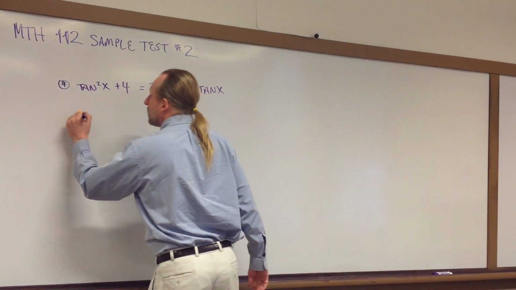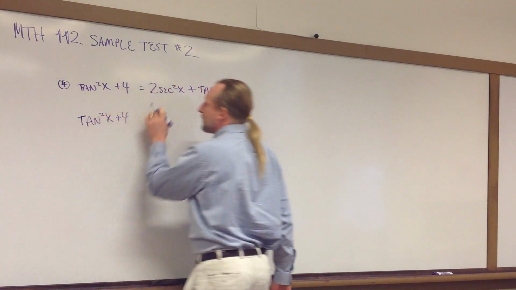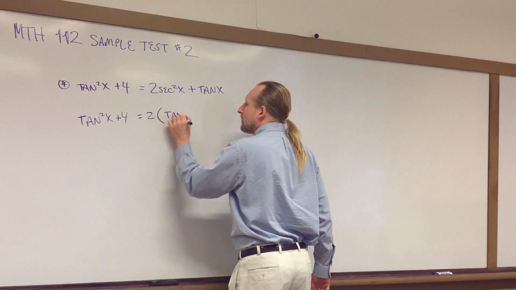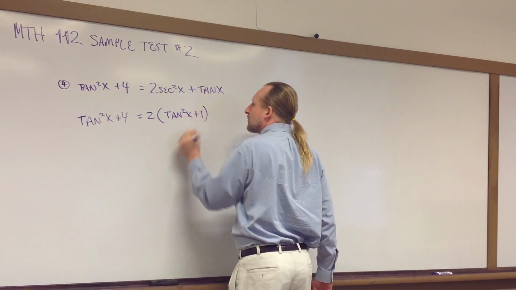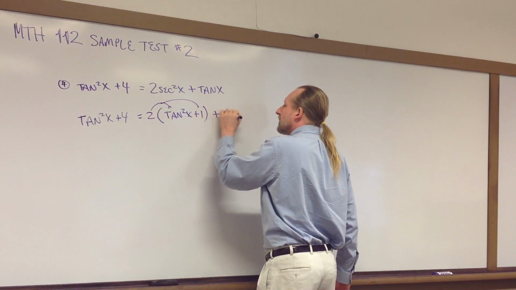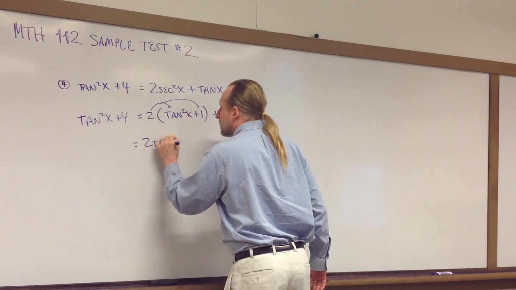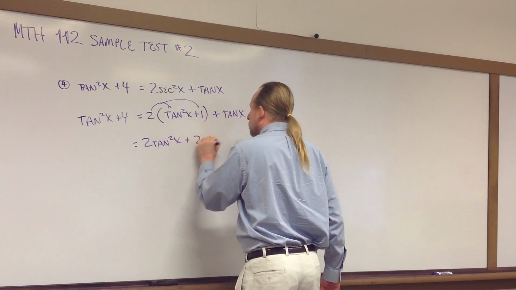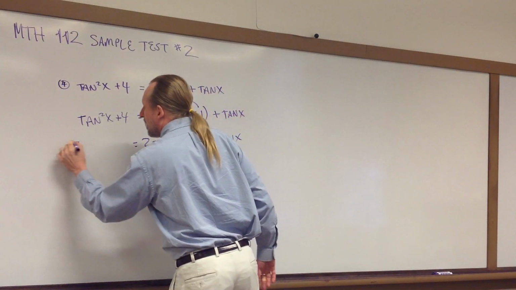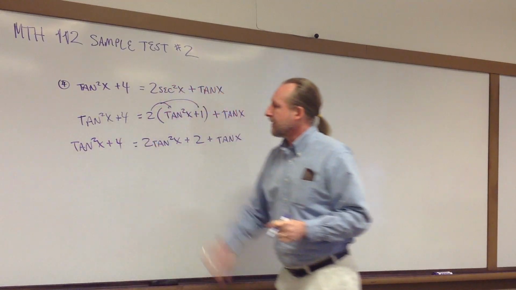And just like we saw in class, if you've got a coefficient, we've got this coefficient of 2 here, and so the tangent squared x plus 1 is going to go in parentheses, and that 2 is going to get distributed. So we'll have 2 tangent squared x plus 2 plus tangent x on this side, and tangent squared x plus 4 on the left-hand side.